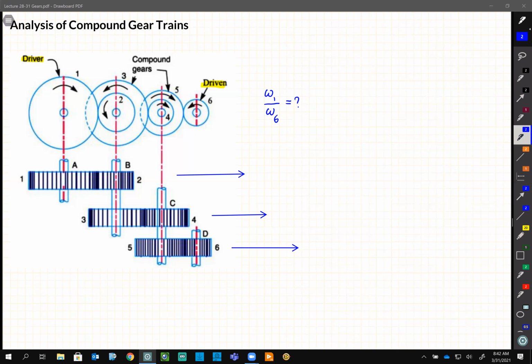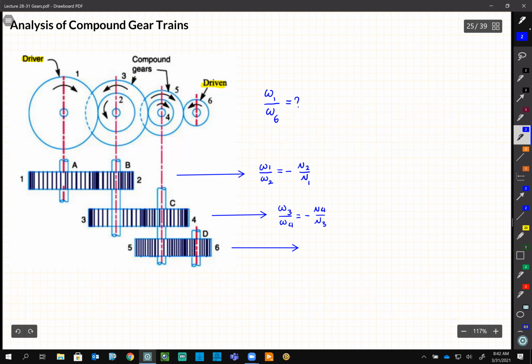So start from the beginning, 1 to 2, and 2 and 1. And then this gives me 3 to 4, and 4 and 3. And this gives me 5 to 6, again negative, and 6 and 5.